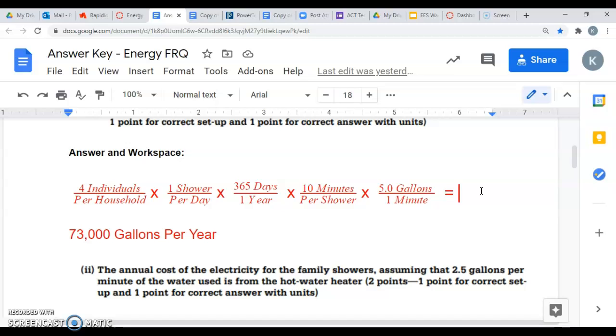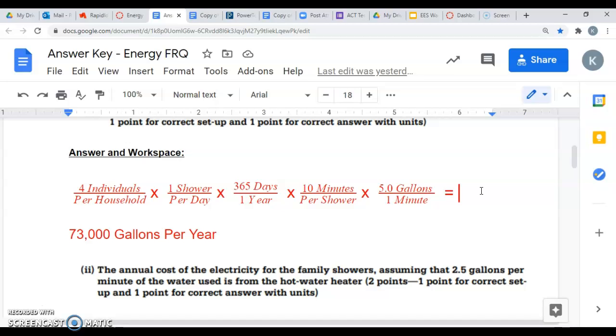Okay, so we have 4 individuals in the house and they each take 1 shower per day. So we'll do 4 times 1. And then we know that there are 365 days in a year, unless it specifically tells you that it's a leap year and you need to use 366 days. The standard is 365. So we'll do 4 times 1 times 365 days in the year.